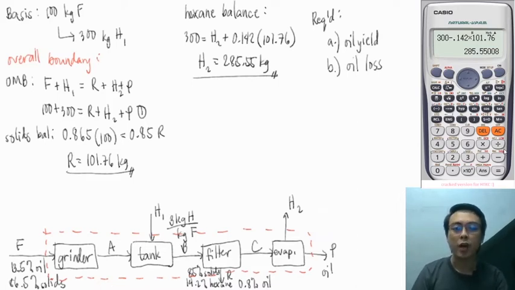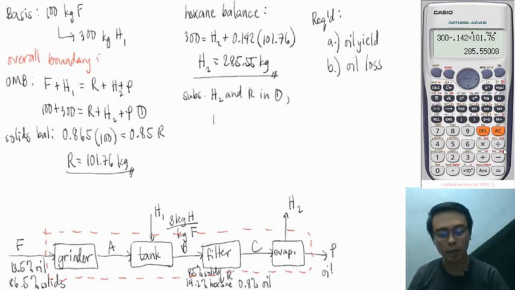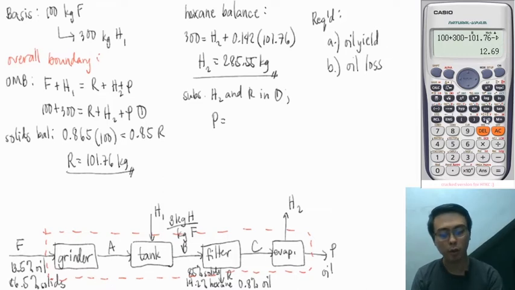Since we have values of R and H2, we can now substitute those into equation number 1 to solve for P. So substituting H2 and R in equation 1, we have the value of P: F is 100, H is 300, minus R, minus H2. So our product is 12.69 kilograms.